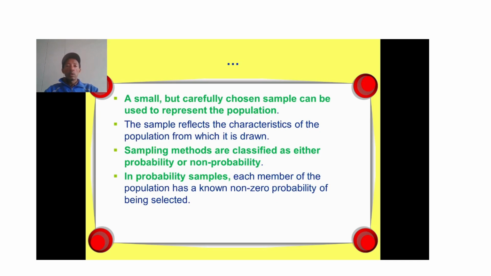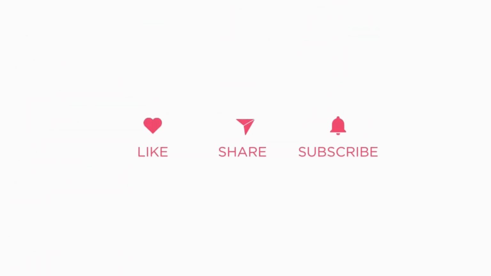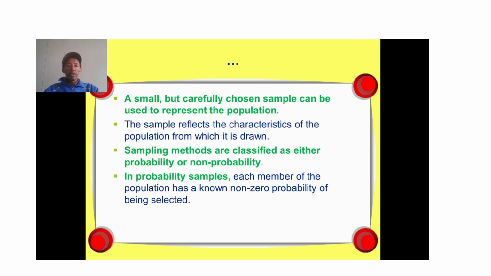In that case, we take a carefully selected sample to represent the population using different sampling techniques. So the sample reflects the characteristics of the population in the case of a large population size.